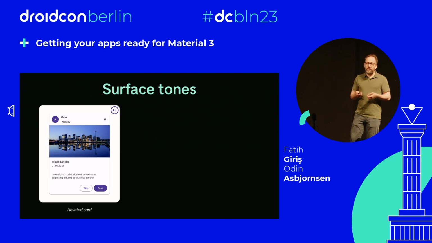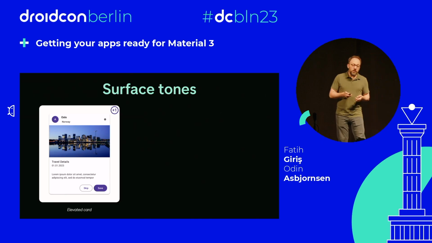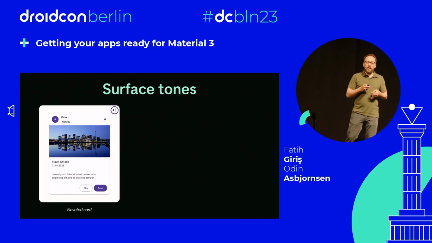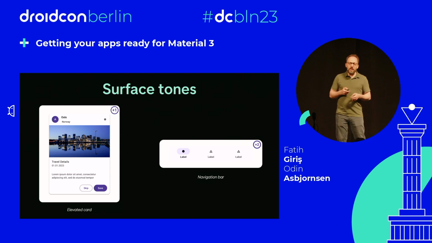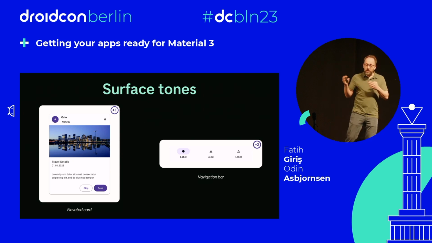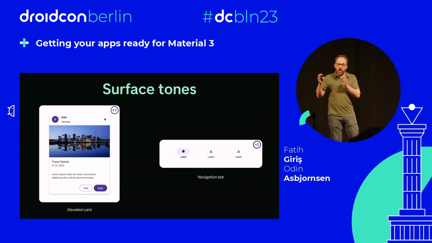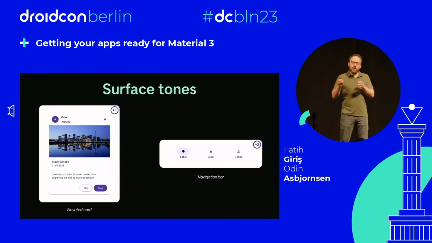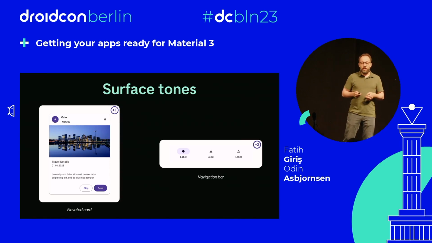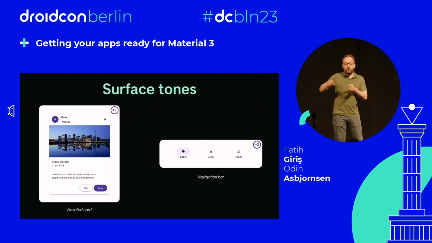Elevated card is using a +1 surface tone, which is the surface tone, and as primary color, some tone of the primary color. But in the +2, I don't know if you can differentiate between that, but the +2 version is the darker primary tone and +1 is the light version. So it goes up to +5.